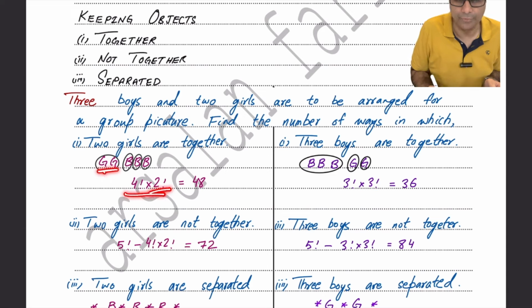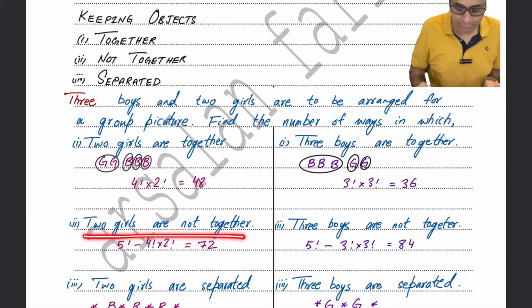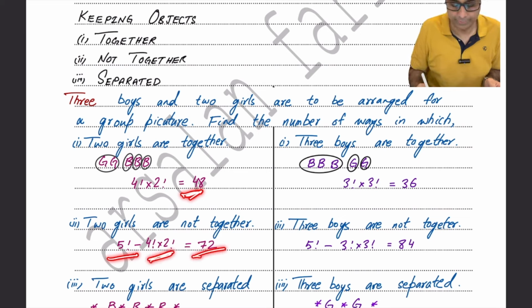And that's why this is going to be 4 factorial into 2 factorial. But if you want girls not to be together, that is just the total number of arrangements minus the number of arrangements where the girls are together. So 5 factorial minus 4 factorial into 2 factorial, they will not be together.